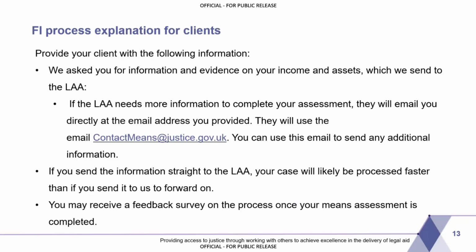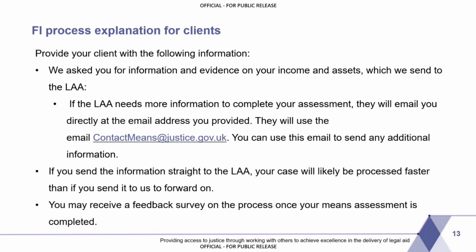FI process explanation for clients. Below we've got some suggested wording of information you can give to your client to explain the new further information process with them. We asked you for information and evidence on your income and assets, which we send to the Legal Aid Agency. If the Legal Aid Agency needs more information to complete your assessment, they will email you directly at the email address you provided.